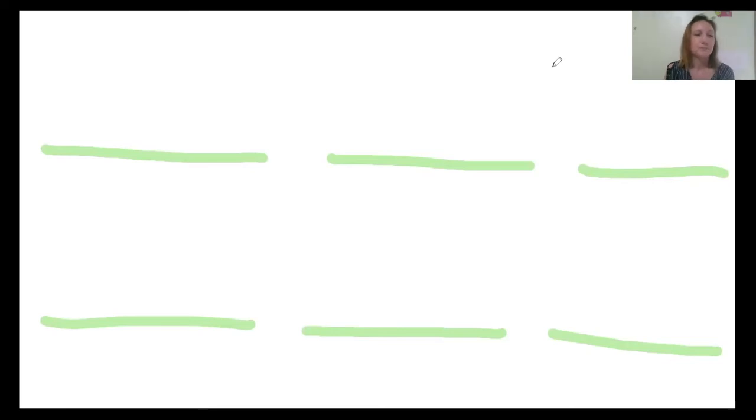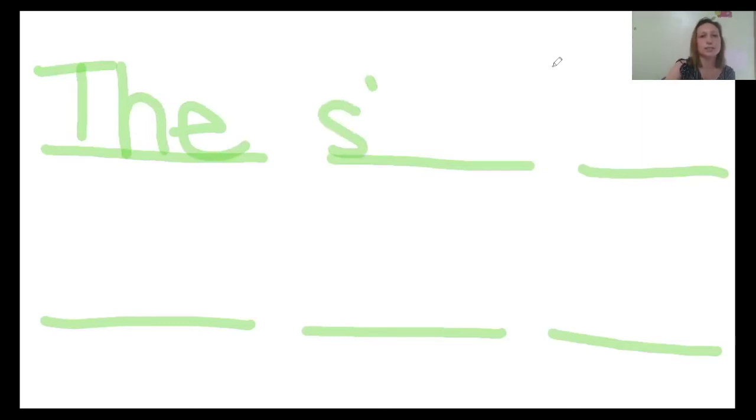So our sentence was the, uppercase T to start my sentence. We always use an uppercase letter. The, putting space between your words. Shark, sh, my SH digraph, 2 letters that make one sound.